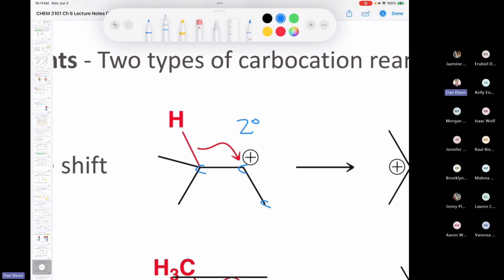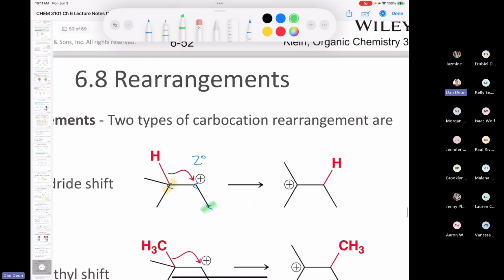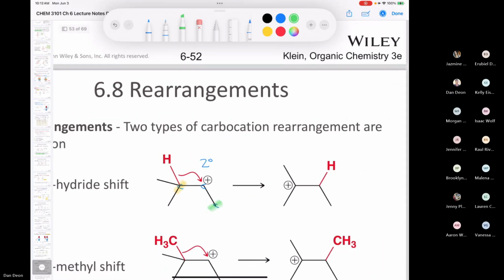Yes? Okay. So what you do is you look at the neighboring carbons. So I have this next door neighbor in yellow. I have this next door neighbor in green. They both have protons on them. The one in green has 3 protons. The one in yellow has 1. If the proton from the yellow carbon moves over by 1, now I go from a secondary carbocation to a tertiary carbocation.